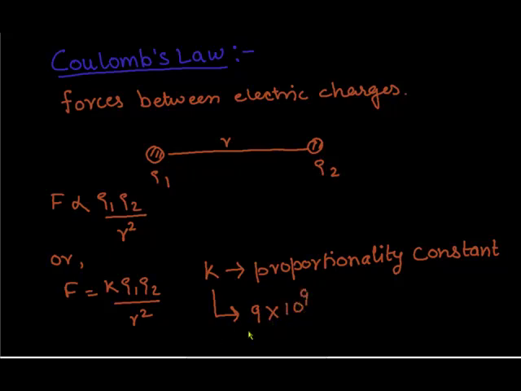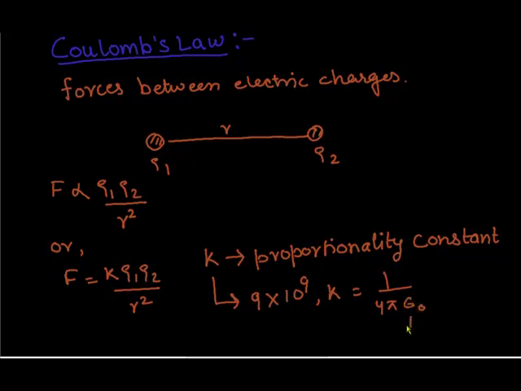But for convenience, we usually put K equal to 1 upon 4 pi epsilon naught, where epsilon naught is the permittivity of free space, and the value of epsilon naught in SI units is 8.85 into 10 to the power minus 12 Coulomb square per Newton meter square.